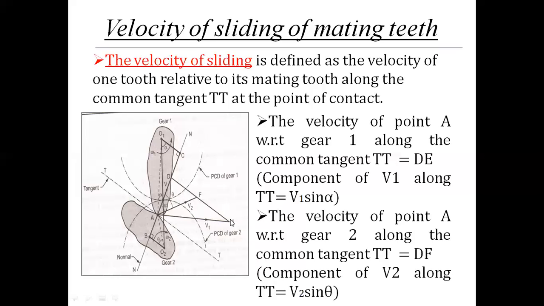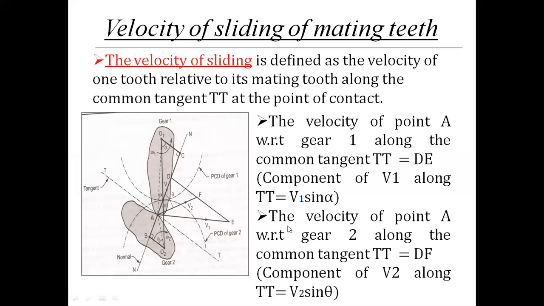So DE becomes V1 sine alpha. So the velocity of point A with respect to gear 1 along the common tangent TT is DE, that is, DE is equal to V1 sine alpha.